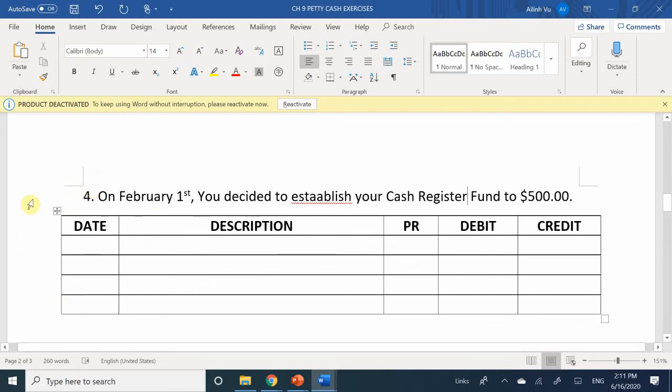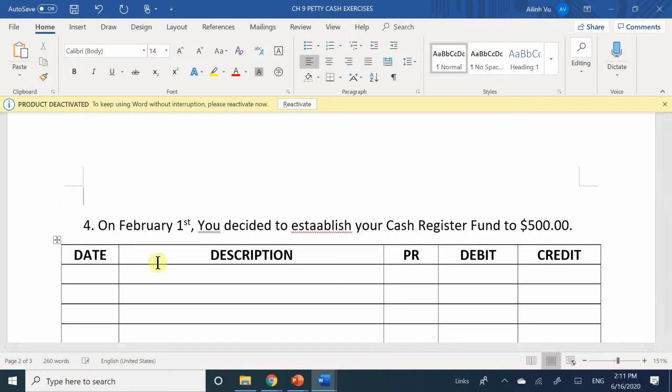So I'm going to write up here that I'm going to assume questions 4 through, I don't know, 7 are not related to the previous question. This will probably make a lot more sense for you guys.